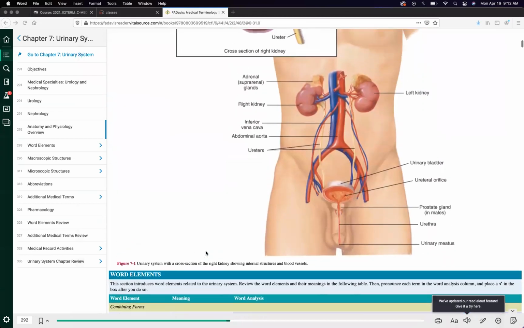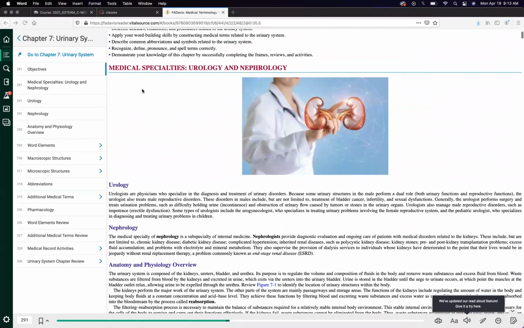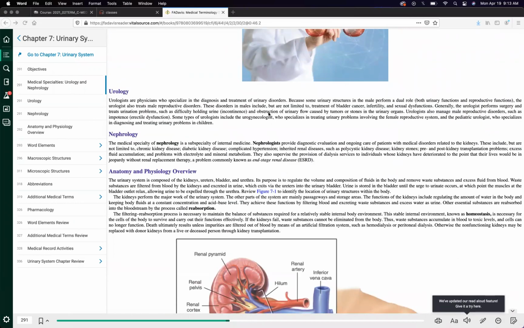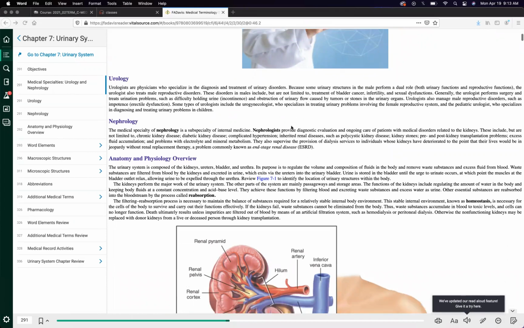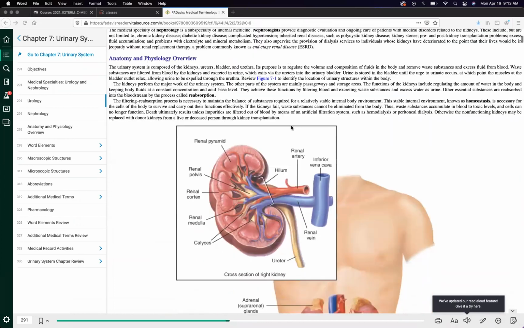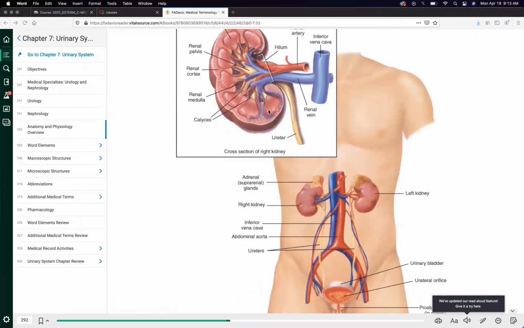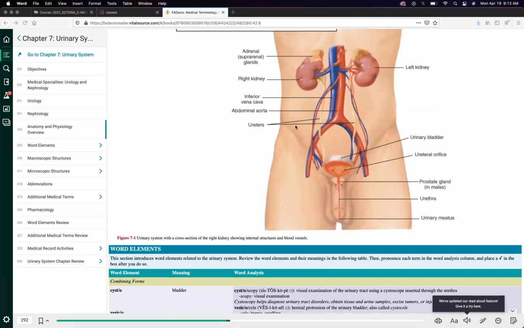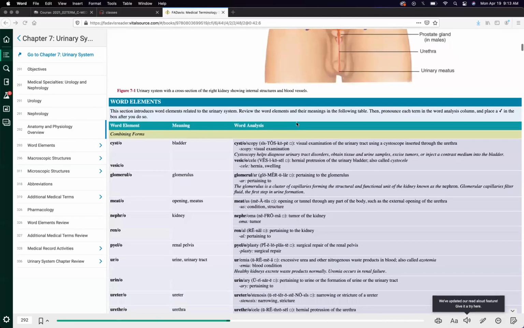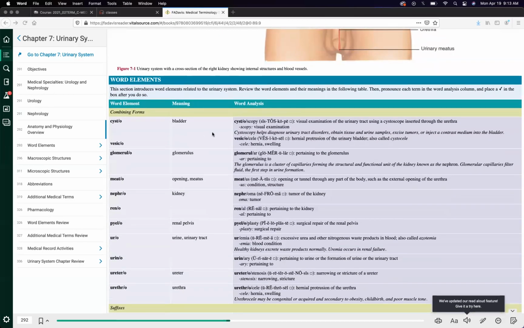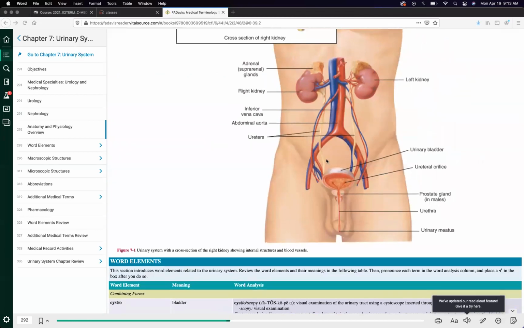So urology is a little bit tricky, and there's a lot of cross training between urology and gynecology. Now we look at the anatomy. Of course, there's the kidney. That's the star. But this chapter also talks about all the other accessory items, because the kidney is the star.